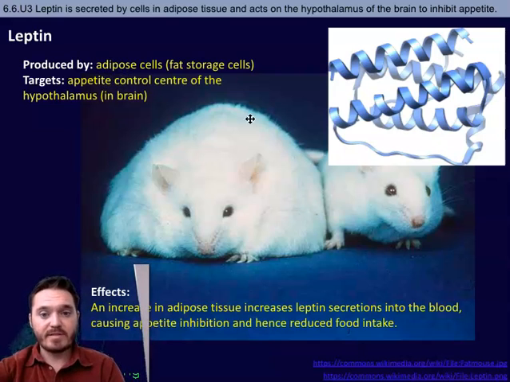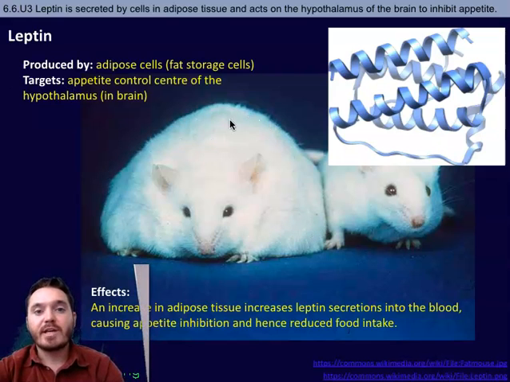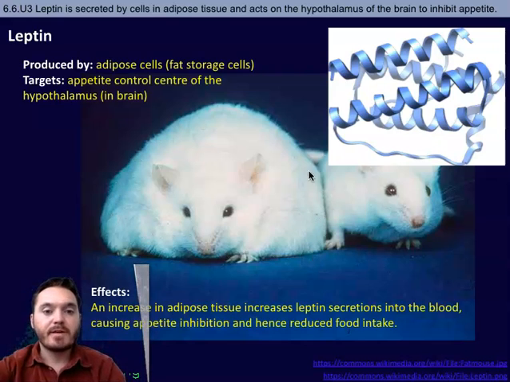Scientists did some studies on obese mice, like this one over here, and they found that this mouse was not producing any leptin. This was due to a mutation in the mouse that caused it to not produce leptin. Therefore, its appetite was not kept in check. This is a mouse on the right with normal leptin production levels and normal appetite control.